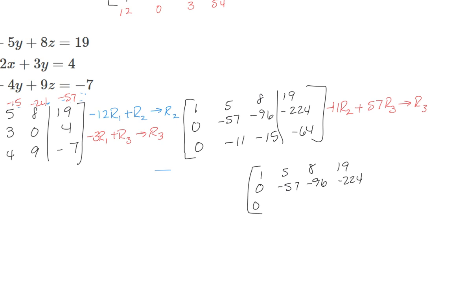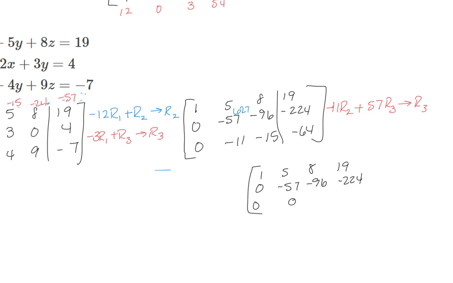And then the goal is to get a 0 there, so I might as well put a 0 there. So I'm going to do 11 times 57, and it's going to give me a positive 627, because it's a -11 times the -57.